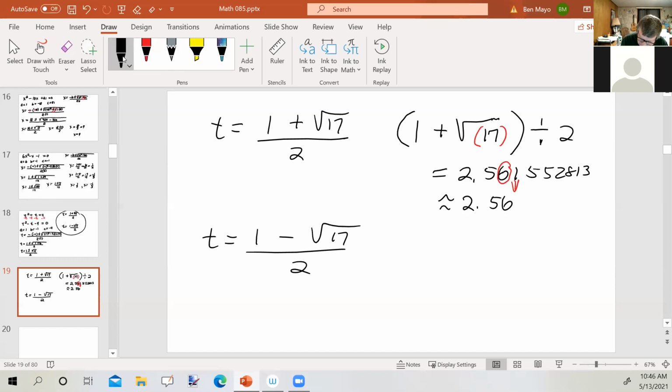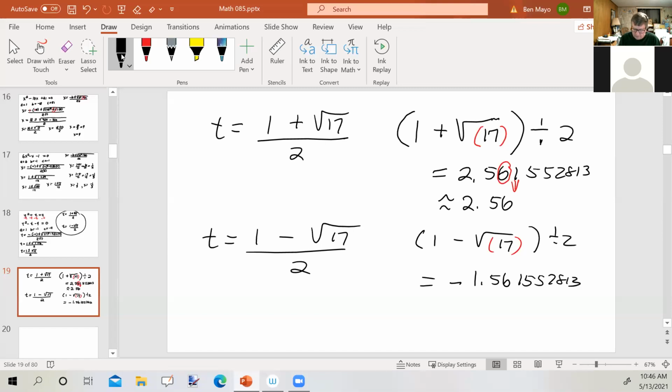My second solution, 1 minus the square root of 17 divided by 2, and that's going to give me, let's see here, parenthesis 1 minus the square root of 17, the whole thing divided by 2, negative 1.5615528813.